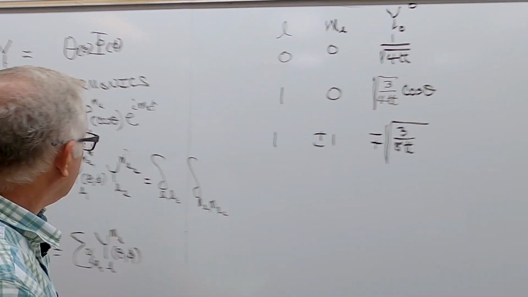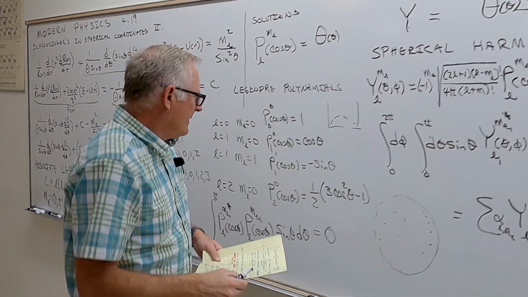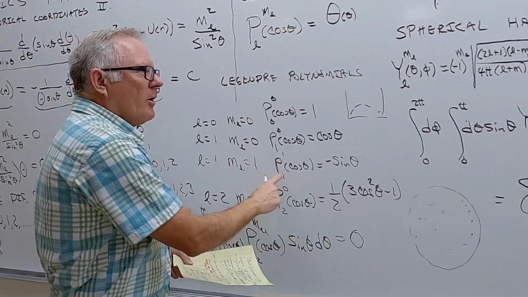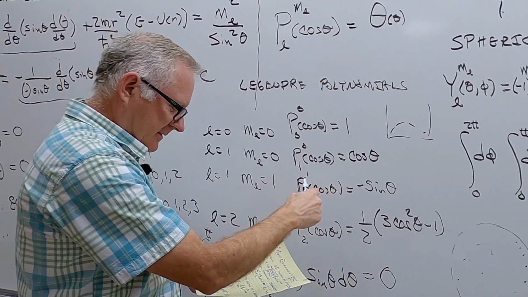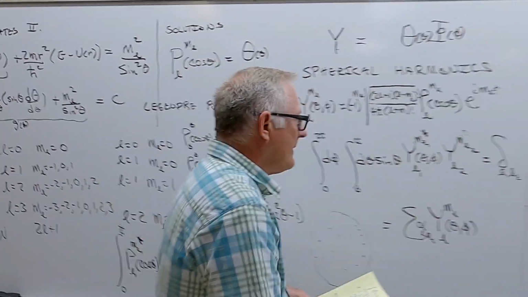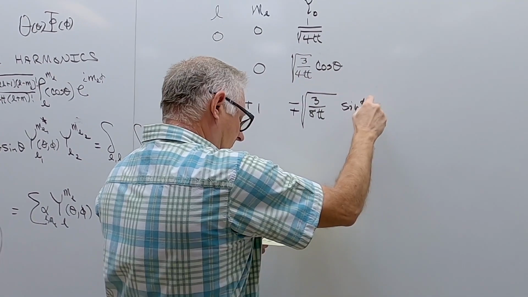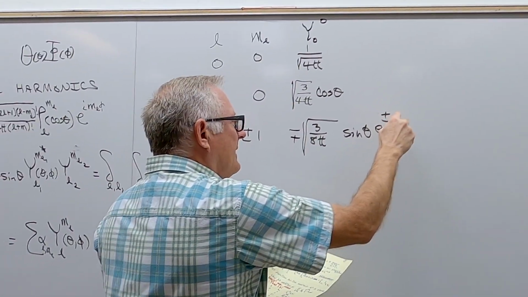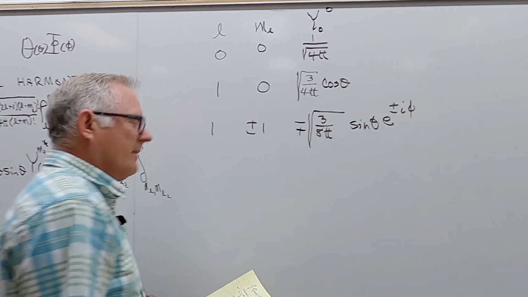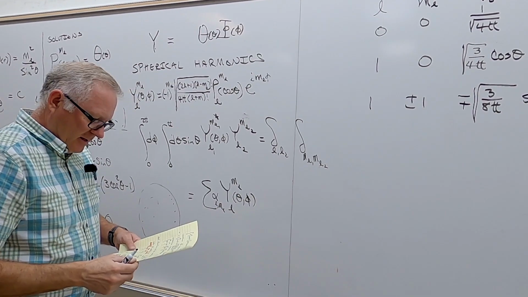And then we're looking at the 1 plus or minus 1. I think this is sine theta right here. So I think it came out to be a sine theta e to the plus minus i phi, and so on. Let me look a little bit further down.